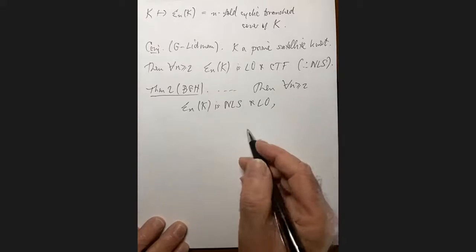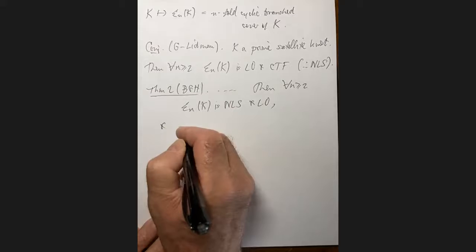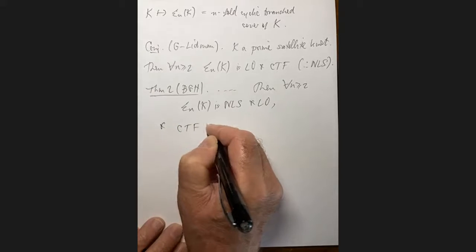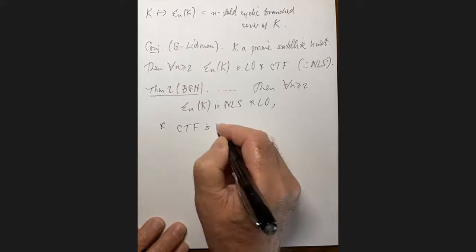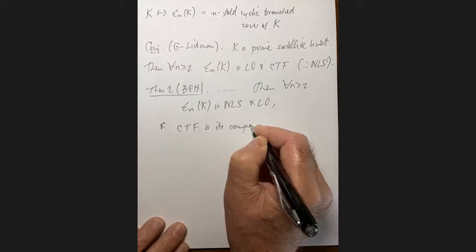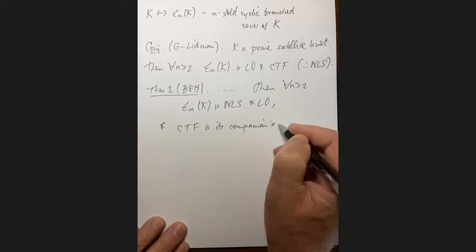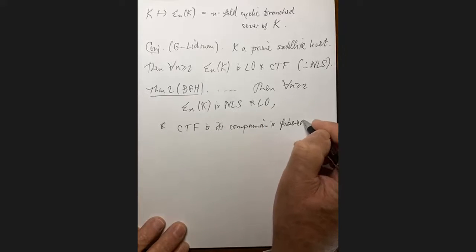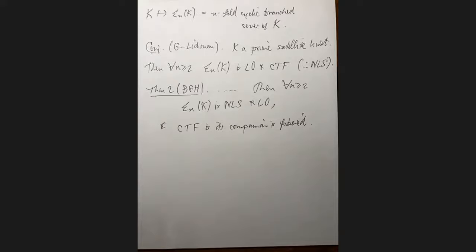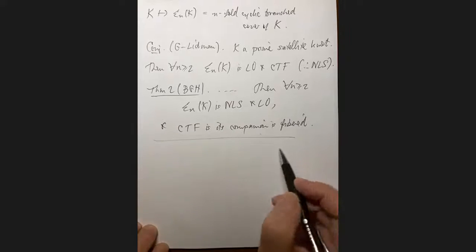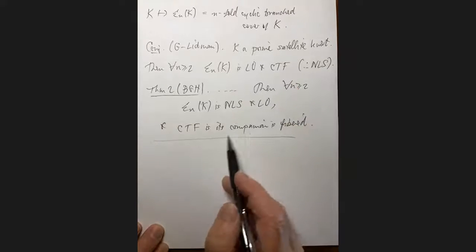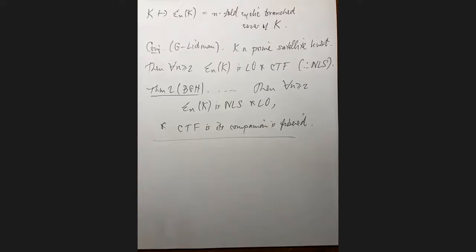So this is true in generality, and it's CTF if the companion is fibered. So that's a result. I guess we almost get this conjecture, but perhaps not quite. It remains open for the CTF part in this case here.